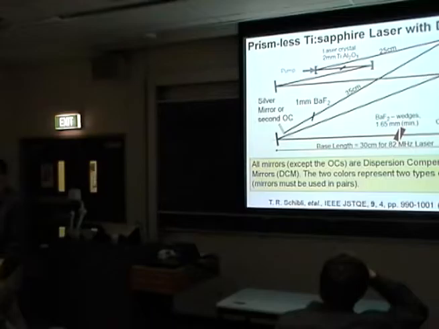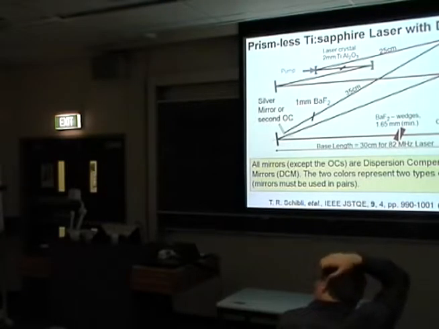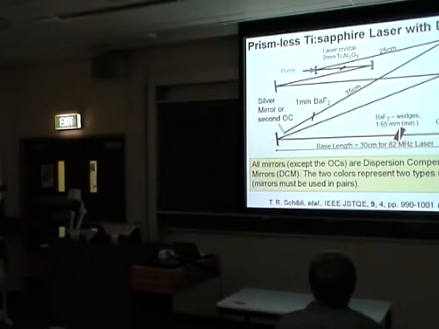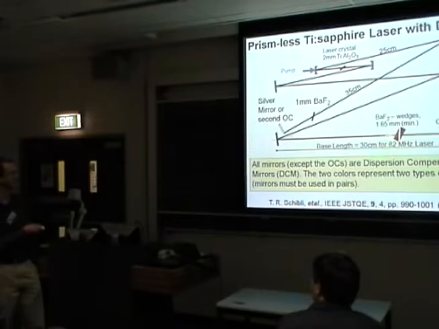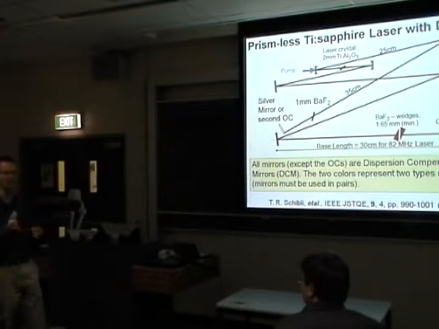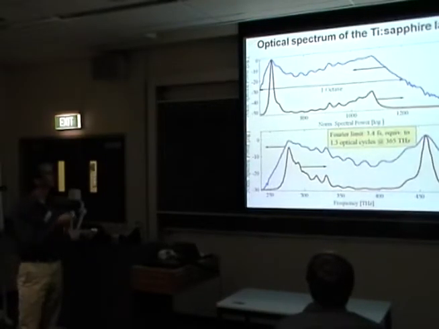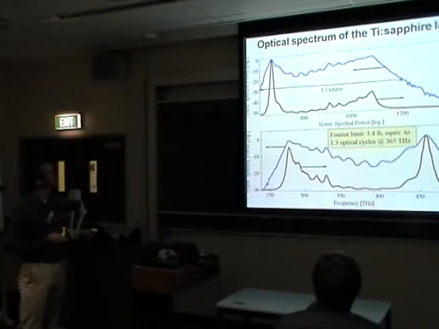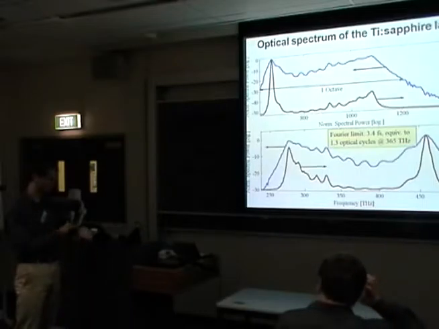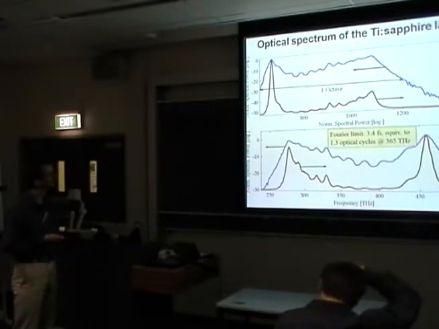If it's bad weather, the dispersion of air is so large that this laser will no longer produce an octave, and so this compensates for it. If you have bad weather, well, you insert a little bit more barium fluoride. If you have nice weather, you go either to the beach or you remove some barium fluoride, and the laser works again. So here is a spectrum. You reach an octave, which is important for tomorrow's class.